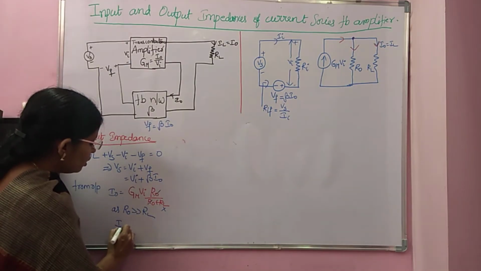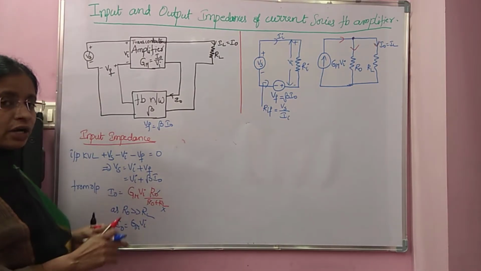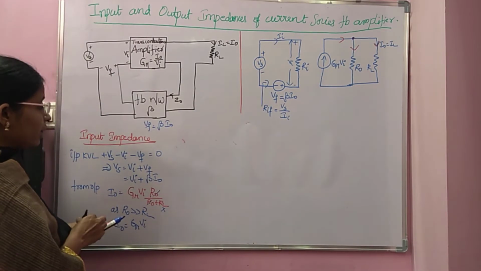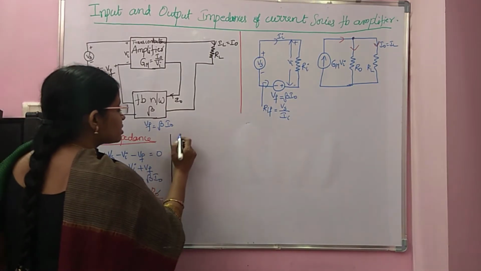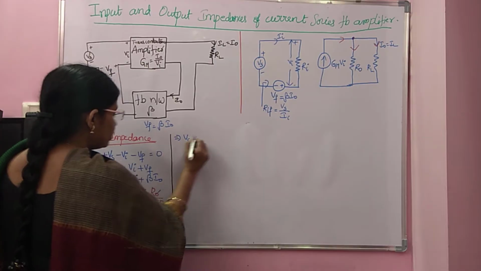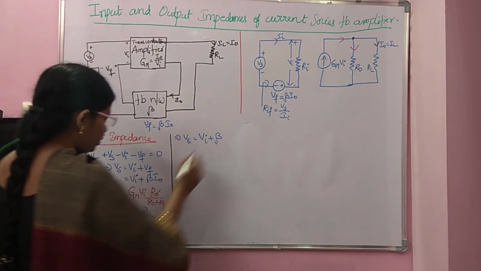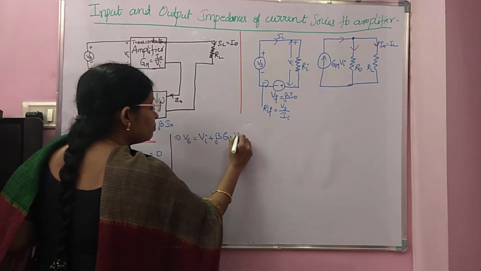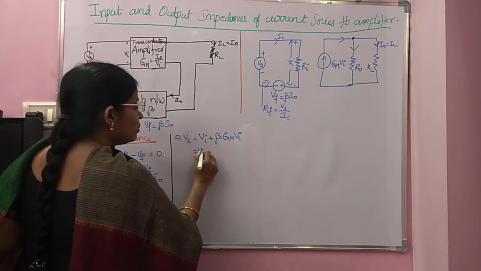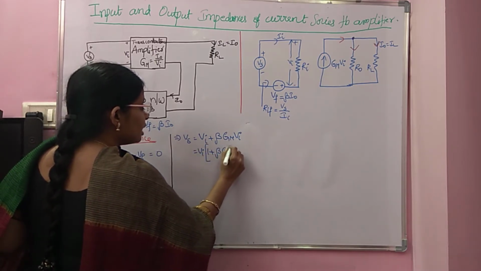So I0 is simply GmVi. Now substitute this I0 in Vs. It implies Vs is equal to Vi plus beta into I0, which is GmVi. Take Vi common, so it is 1 plus beta Gm. What is Vi?